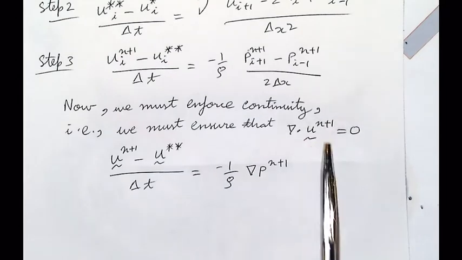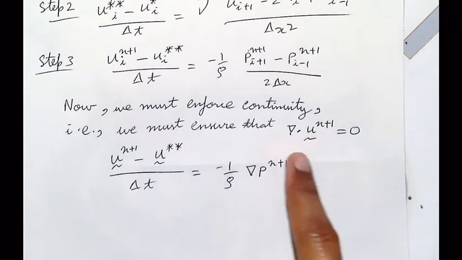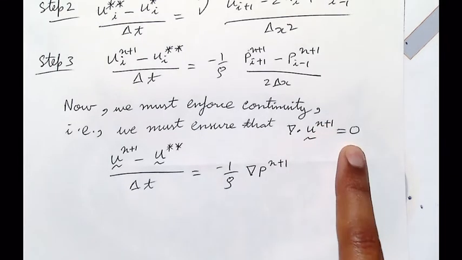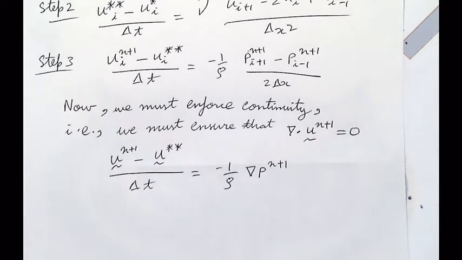How do we enforce continuity? You know that you want ∇·u^{n+1} to be 0. What should we do to this equation to use that knowledge?